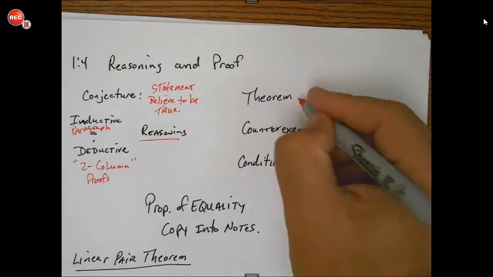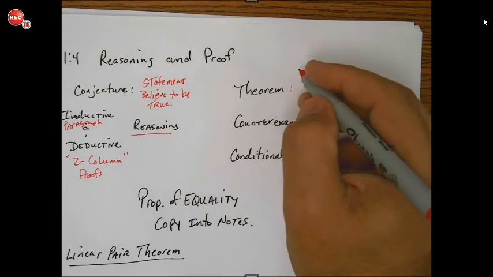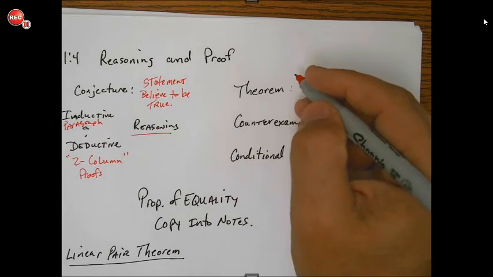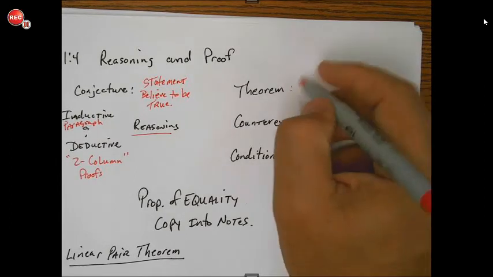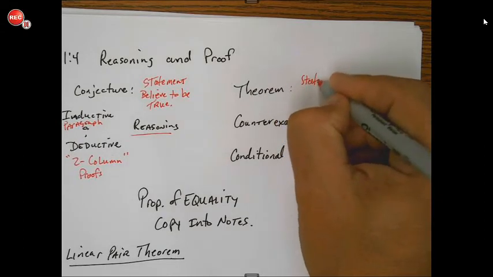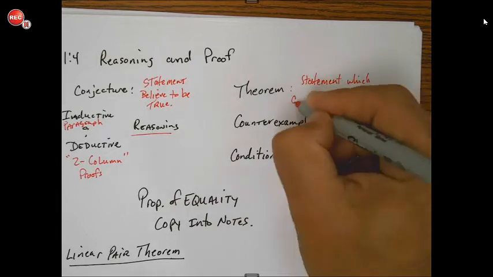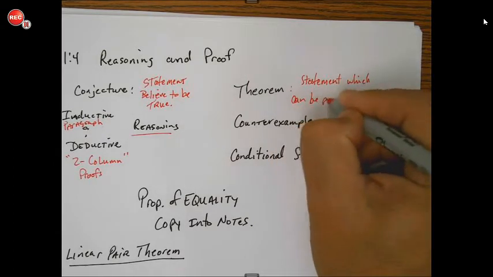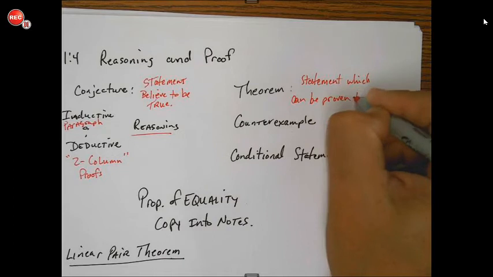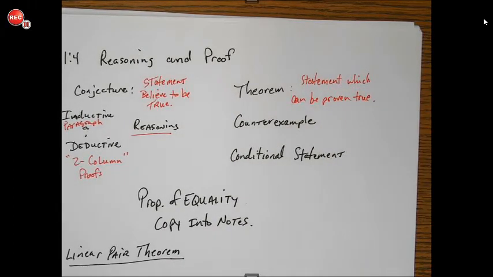Okay? A theorem is basically, this is on down at the bottom, page 45. It's a statement that can be proven true. You know, if my son says he's made his bed, well, I can prove that true or not, and I can go show.